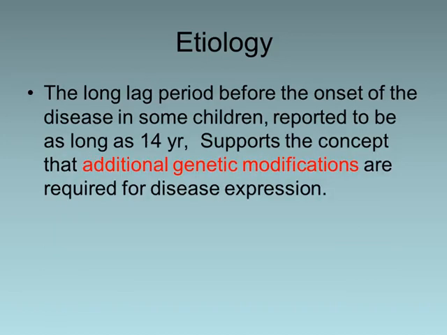The long lag period before the onset of the disease in some children, reported to be as long as 14 years, supports the concept that additional genetic modifications are required for disease expression.